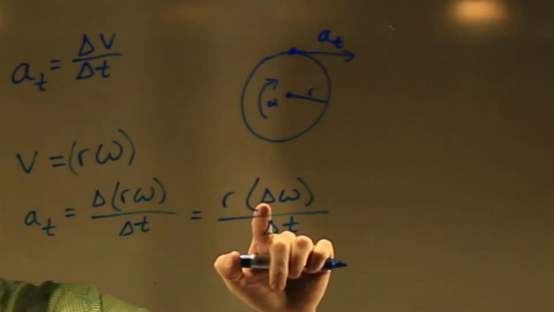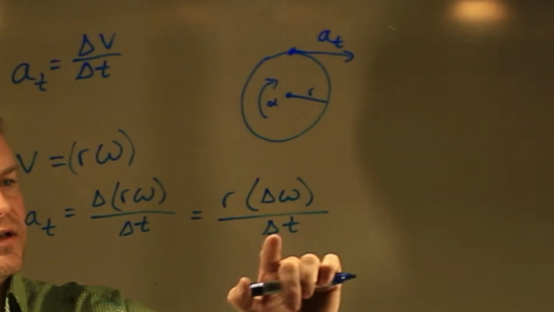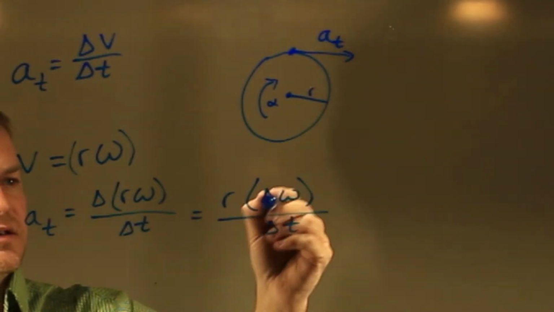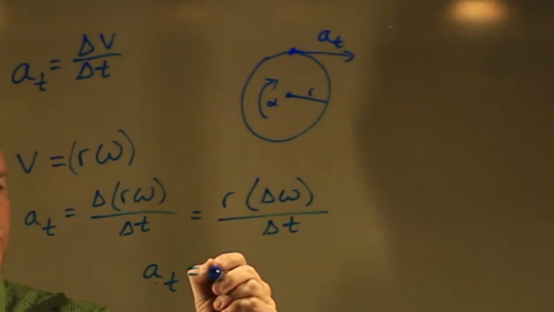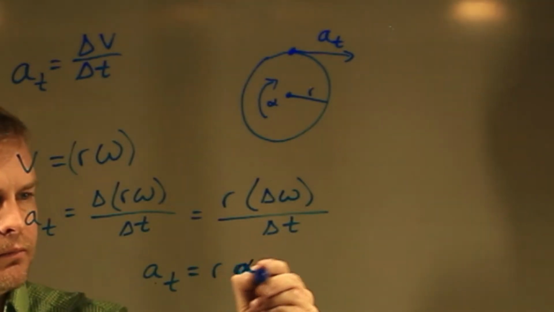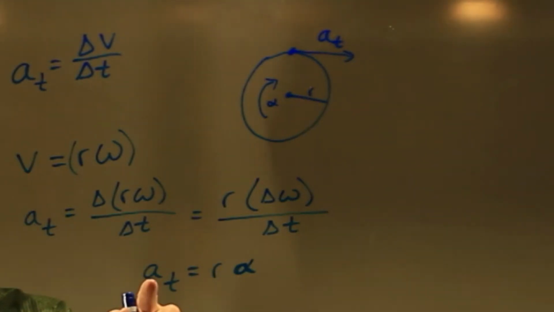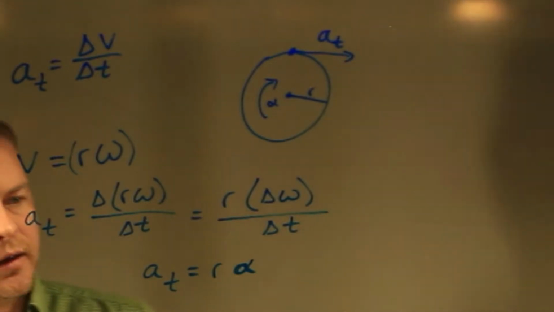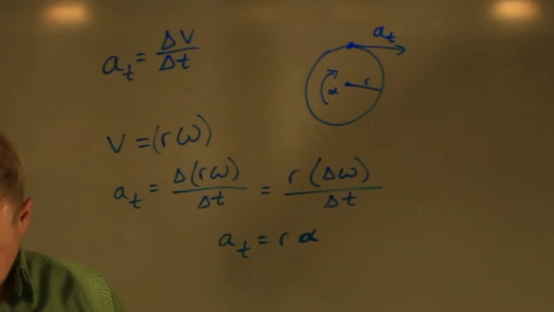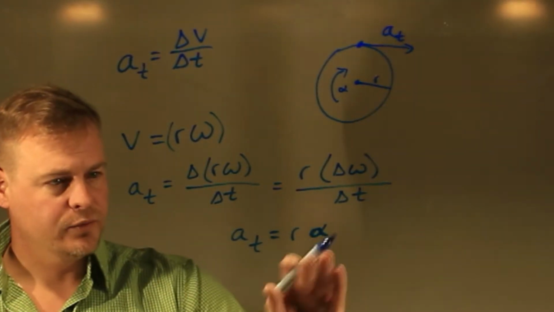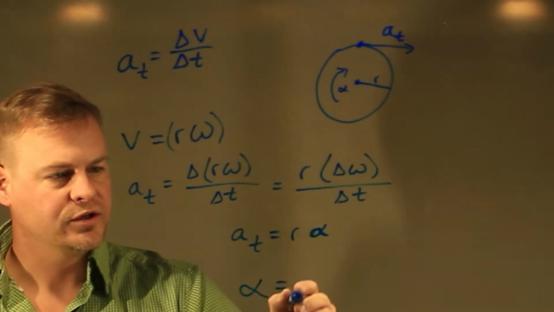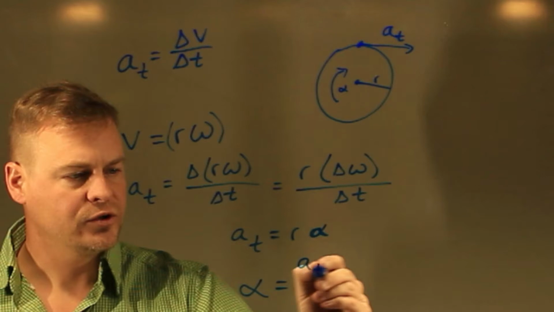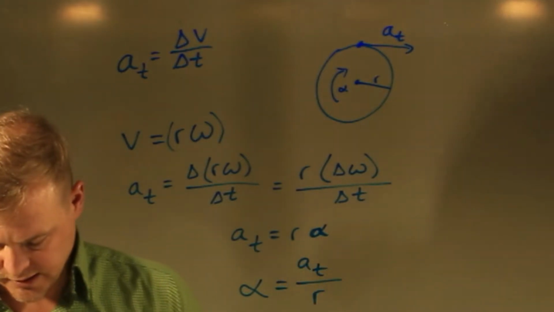The change in angular velocity over the change in time is angular acceleration, and so a sub t is equal to r alpha. The translational acceleration is equal to the radius times the angular acceleration. If we rearrange this in terms of angular acceleration, it is the tangential acceleration divided by the radius.